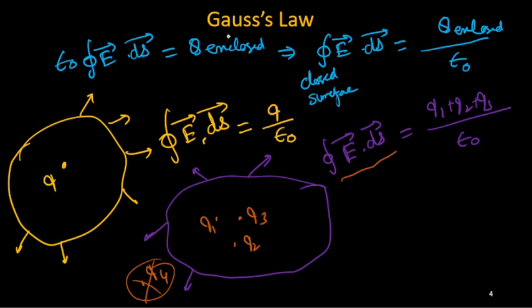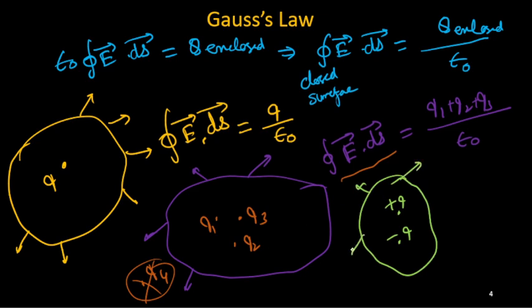Suppose we have two charges, one plus q and the other minus q, and I enclose them by this surface. In this case the total flux, the closed surface integral of E dot dS, will equal plus q and minus q, meaning 0.